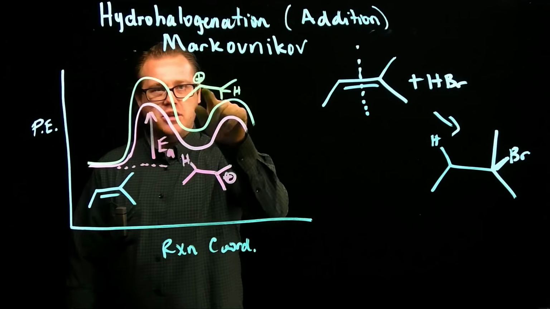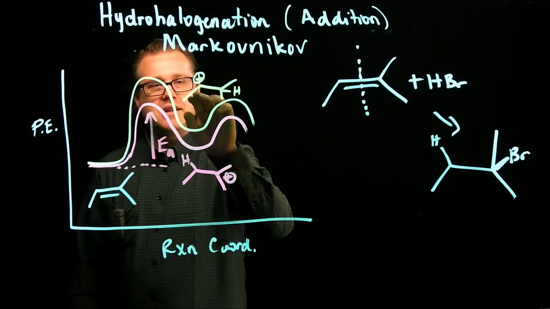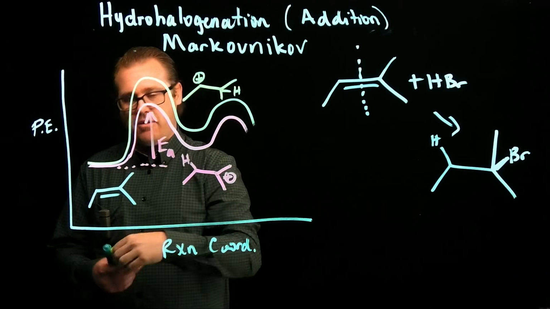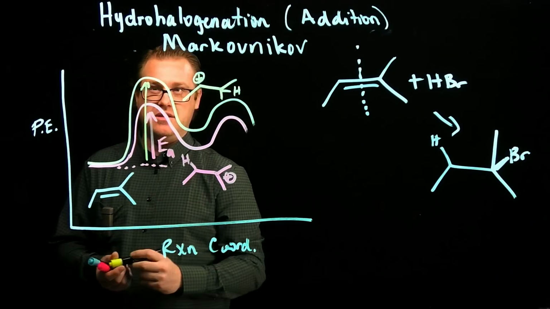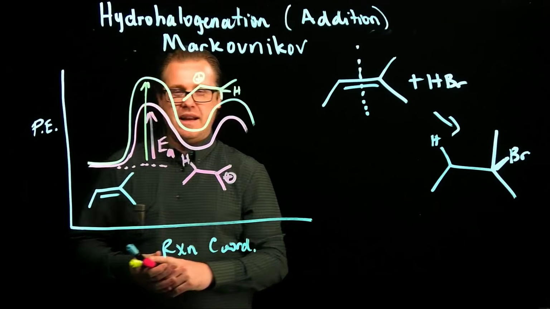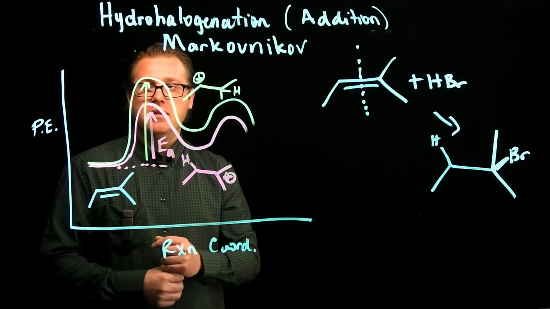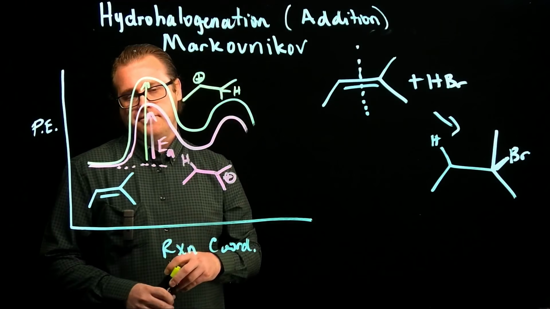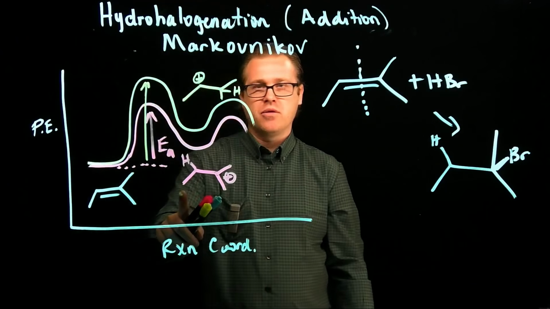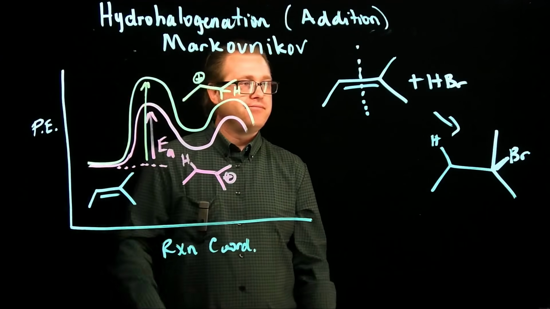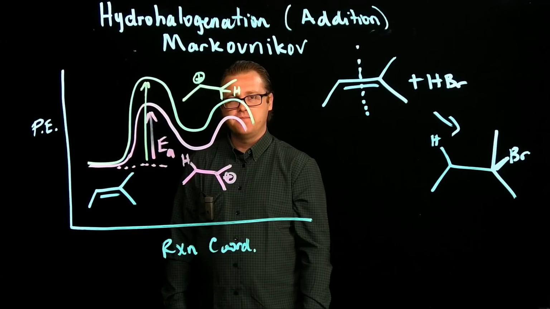But in comparison, to get to the secondary carbocation, we see that we have a much larger energy of activation. And so that is also an explanation as to why the Markovnikov rule works. It's energetics. And we can look at that from the reaction coordinate diagram there. Okay.